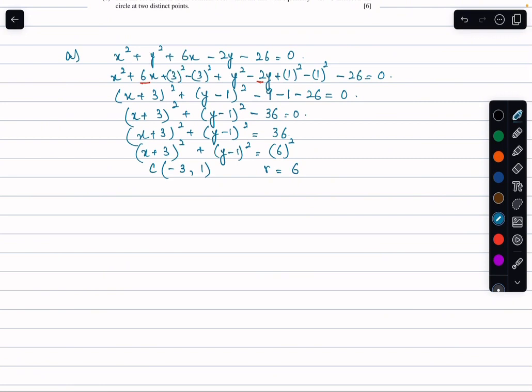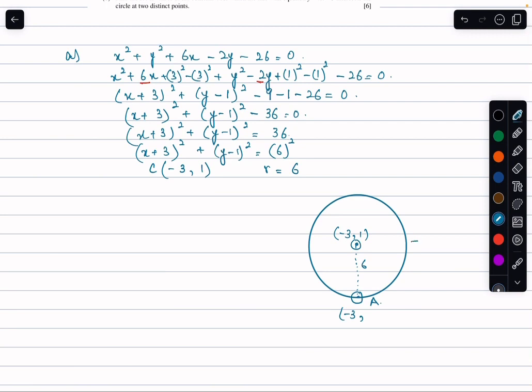So these are the two things that were asked in the question, and hence find the coordinates of the lowest point on the circle. So if I just make the sketch with C as (−3, 1) and the radius as 6, then this can be the lowest point on the circle.